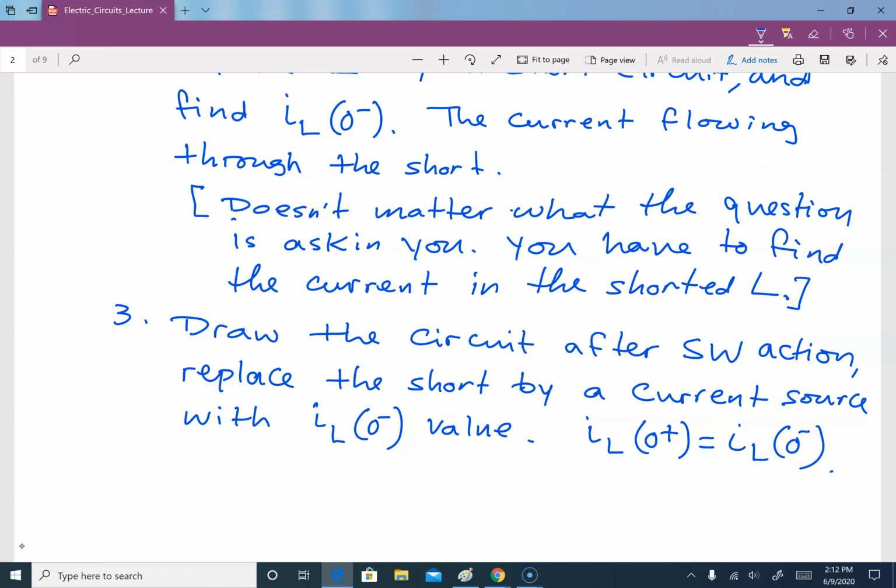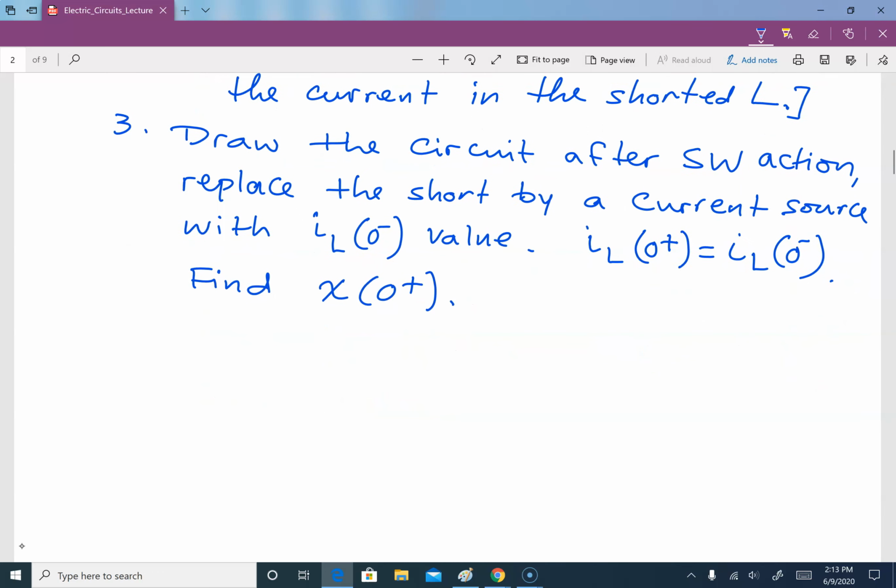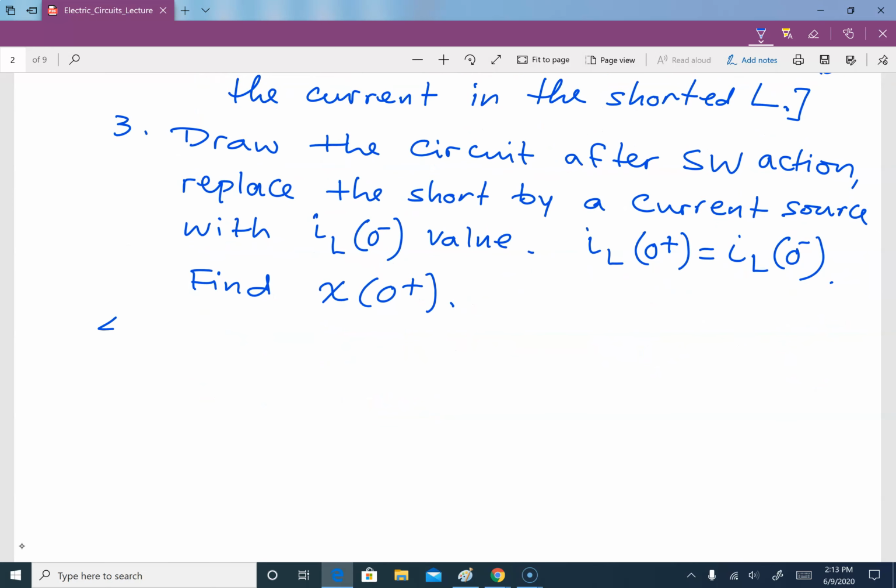So the current flowing through that short at the instant before the switch action and after the switch action are equal. And then find x of 0 plus, whatever the requirement in the problem is asking you to do.